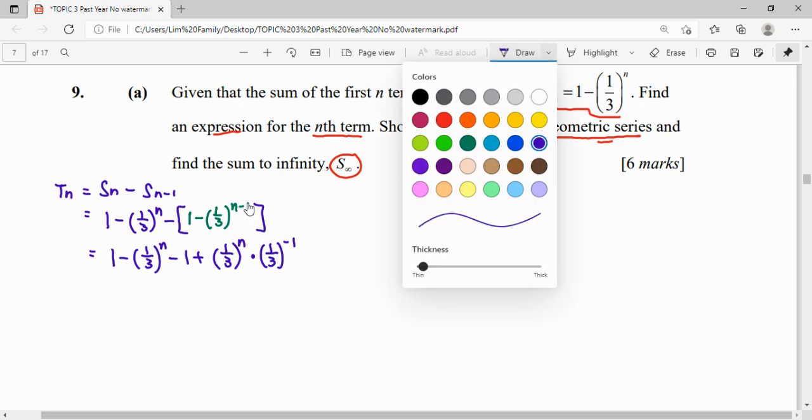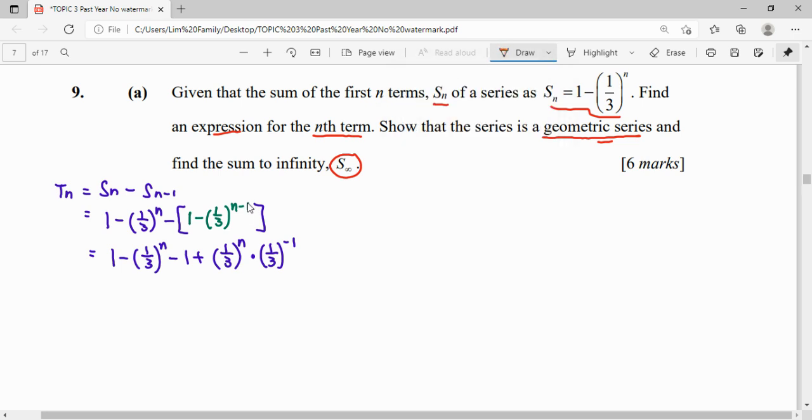So from here we can simplify the 1 minus 1, which finishes, and we are getting negative (1/3)^n. Another one is here. When we simplify, (1/3)^(-1) is equal to 3. So plus 3.